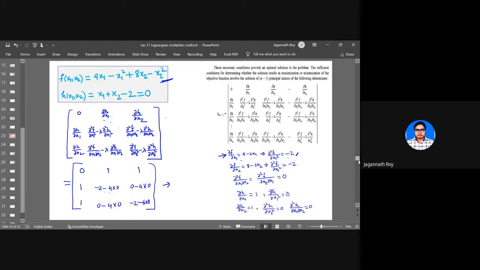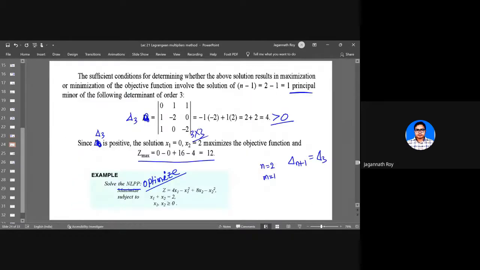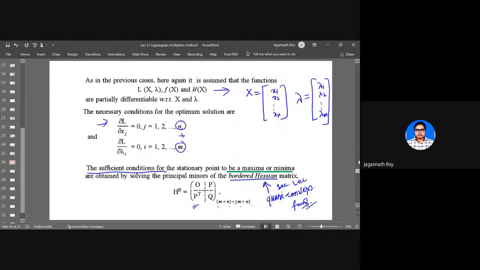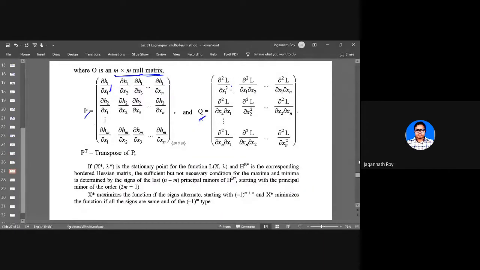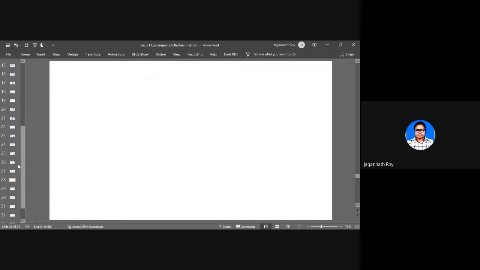So this is one kind of bordered Hessian matrix here. And then we will continue for this function. Now if you look at the structure of this function, it will look like this. This is the bordered Hessian matrix.